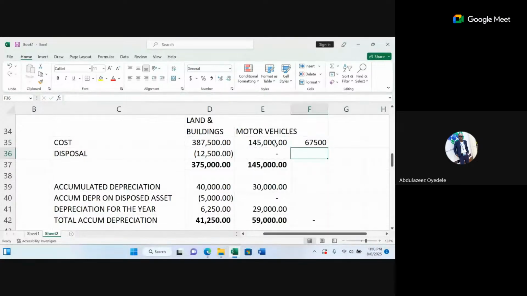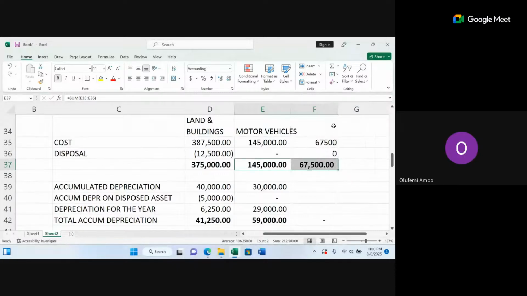There was no disposal for that as well. So the total here will be the same. 100. 14.